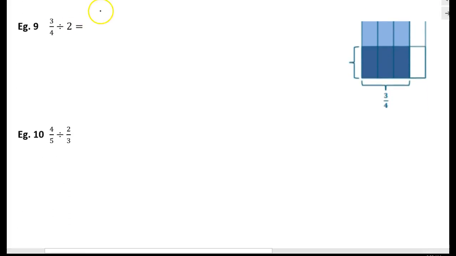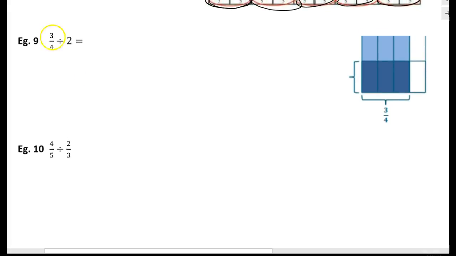Example 9 here says, okay, well, we've got 3/4. 1, 2, 3, 4. And that's how it's originally divided. If I divide it by 2, what am I actually dealing with?